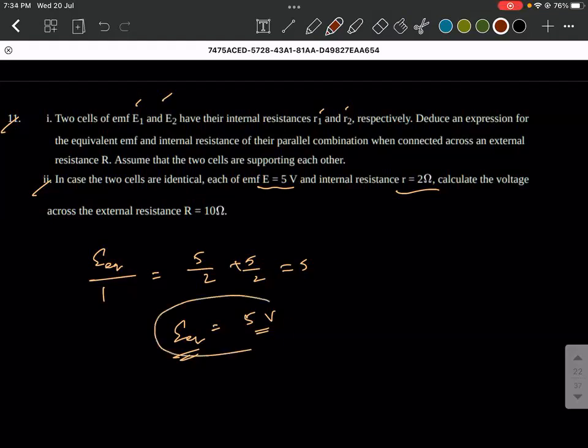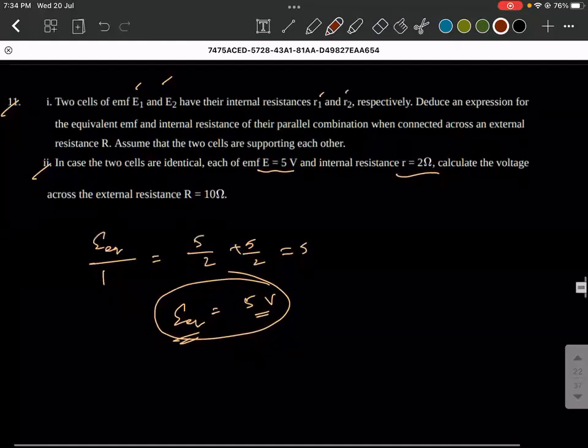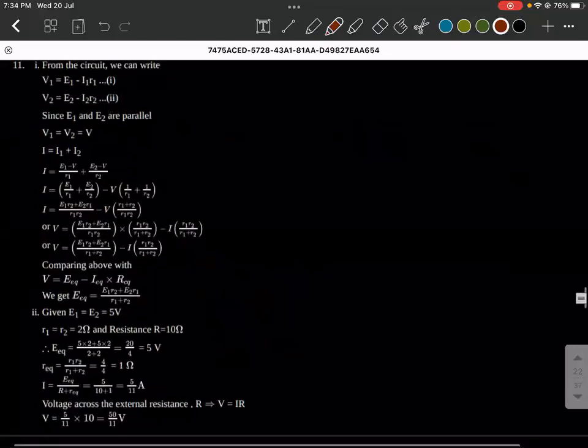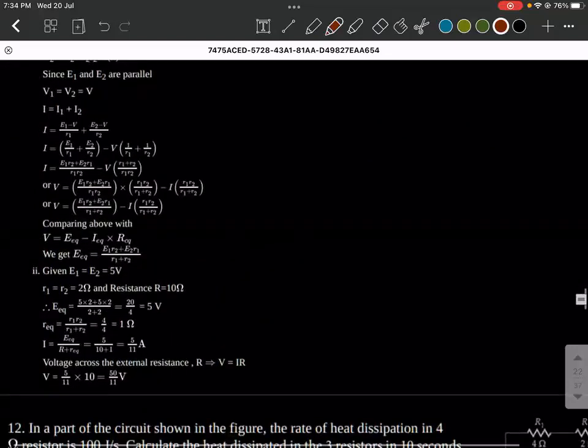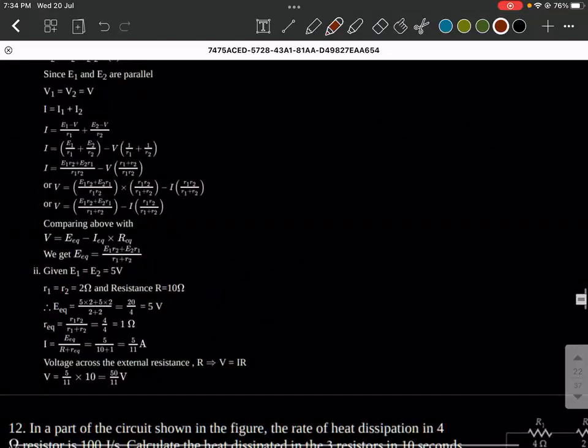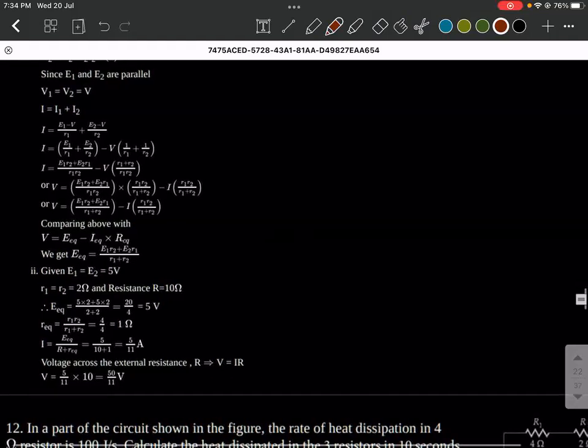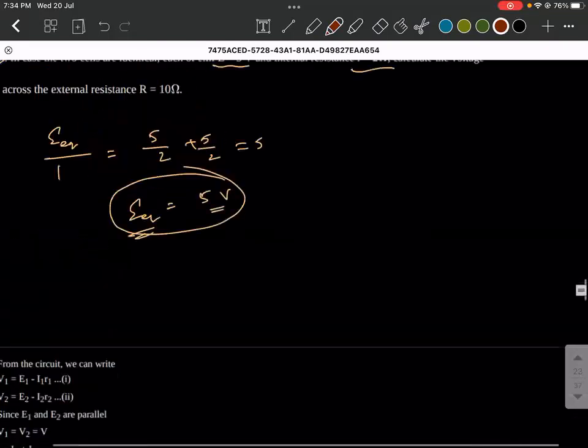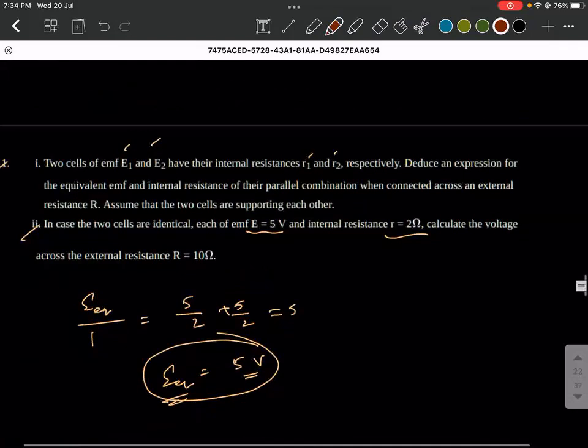So voltage across the 10 ohm resistor should also be 5 only. Sorry, this is EMF, they're asking the potential difference.